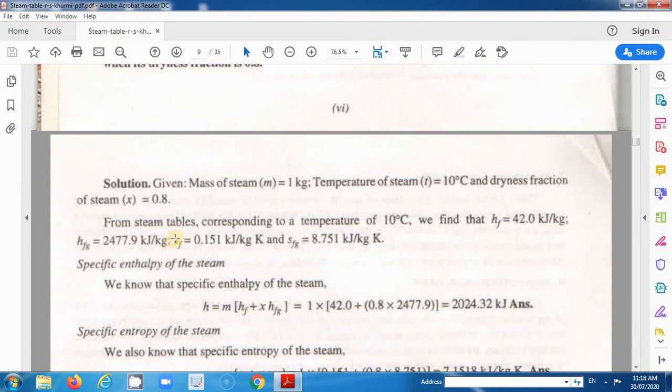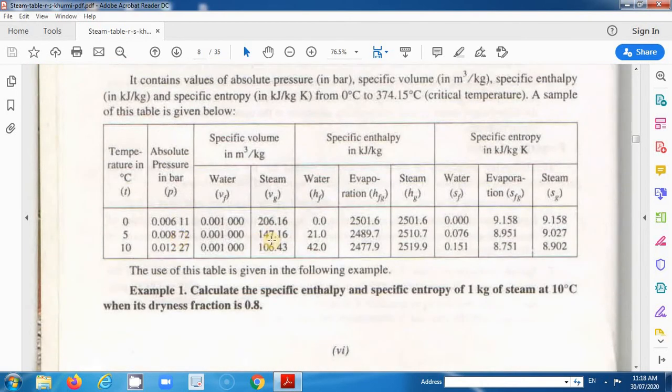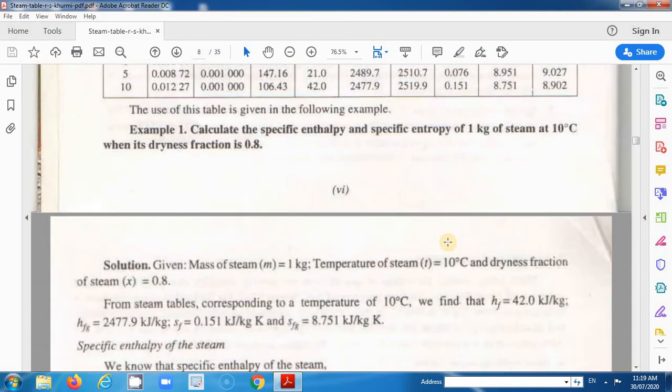Similarly, for 10 degree centigrade, you see the values extracted from the steam table. For 10 degree centigrade, what is SF? You see that 0.151. So SF is taken here, 0.151 kilojoules per kg. Similarly, SFG.